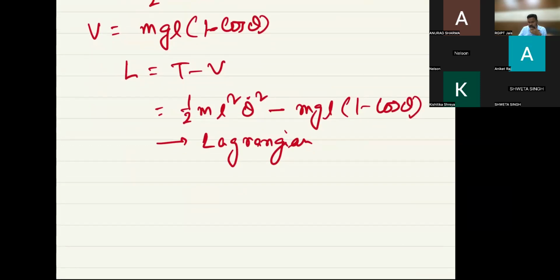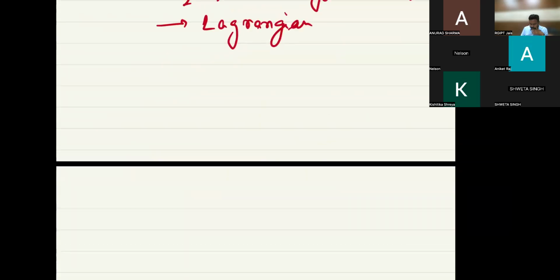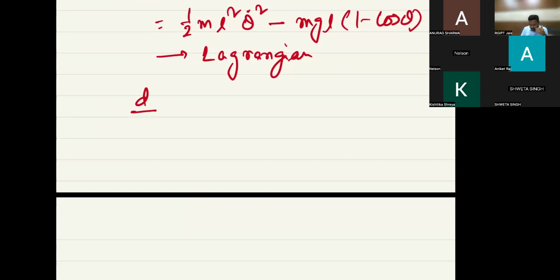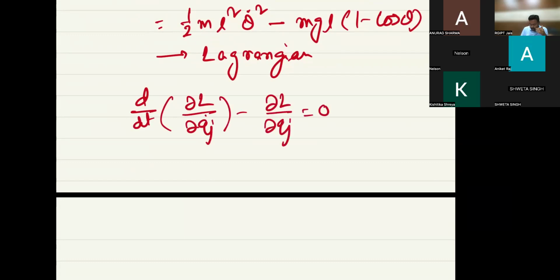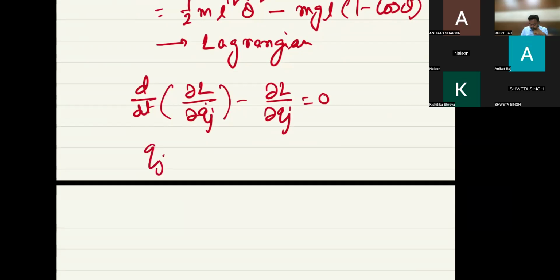Now we want to find the Lagrange's equation of motion. Okay, let me zoom out this one. So Lagrange's equation of motion, we know that is d/dt of (del L/del Qj dot) minus del L/del Qj, equal to 0. In our case, our Qj is basically theta.